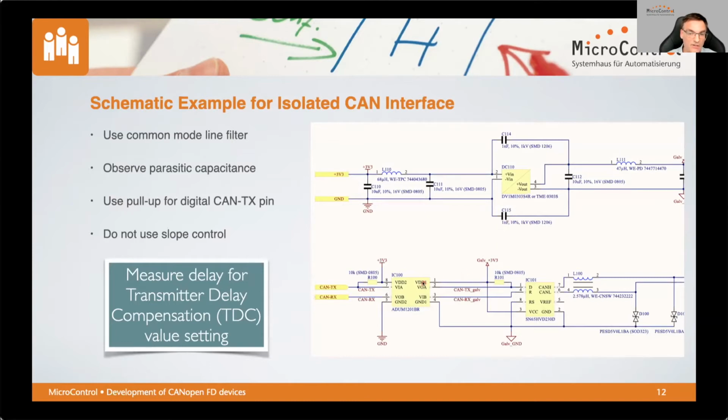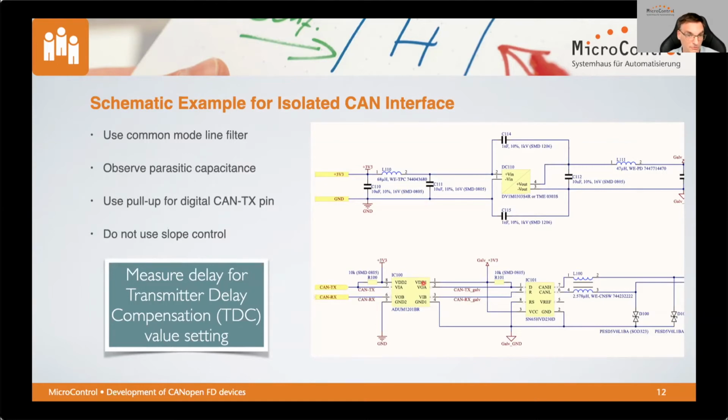We have a device which does the galvanic isolation, and we have our CAN transceiver there, a standard transceiver for classical CAN. So the rules that we have to observe are still pretty much the same for CAN FD as for classical CAN. That means use a common mode line filter.